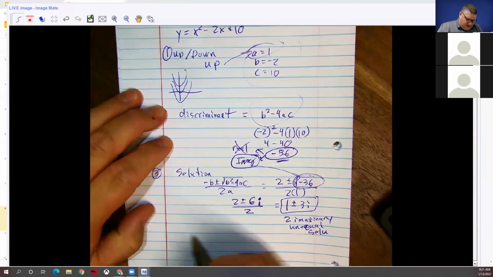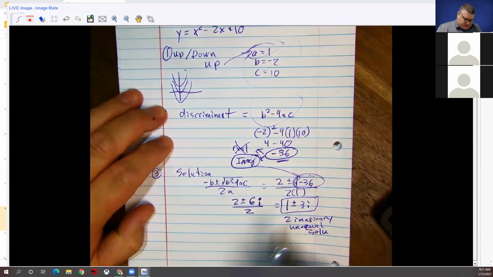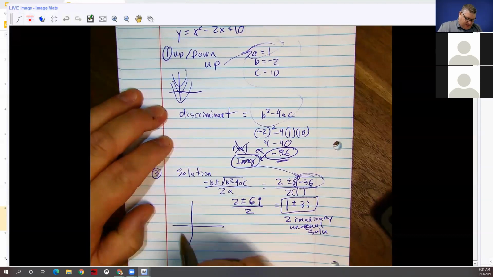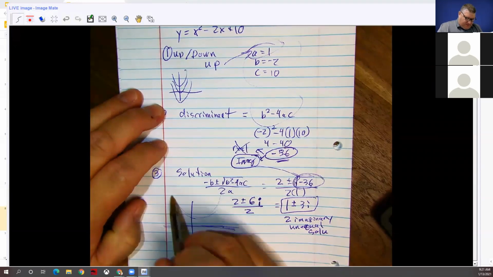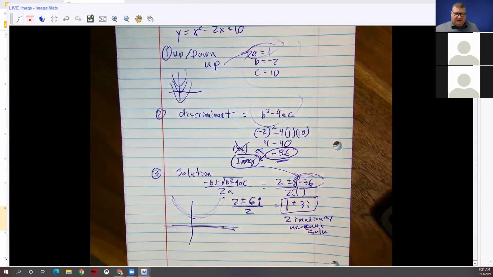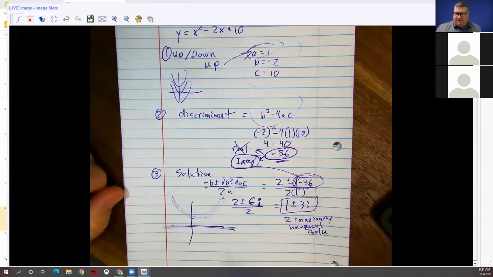Well, wait a minute. If they're imaginary, they're not going to cross the x-axis at all. And we know it opens up, so it has to be somewhere up in here. What do I need to find before I can even put any graph on this graph?